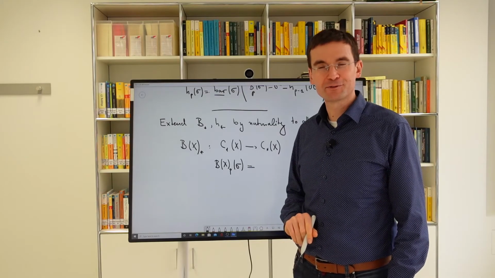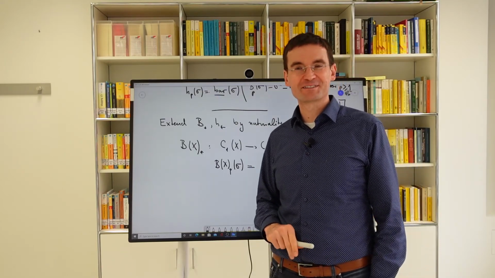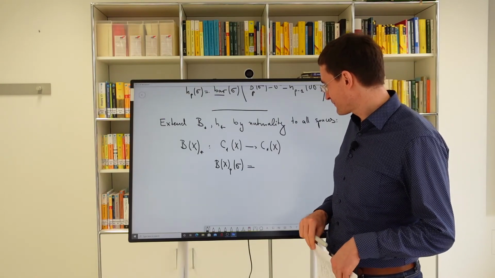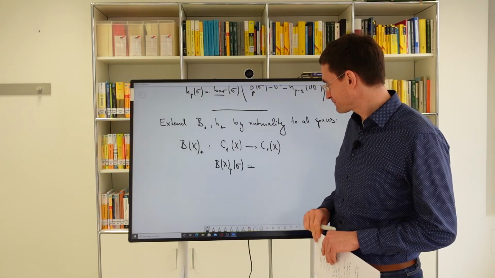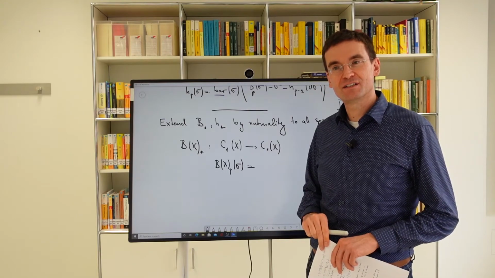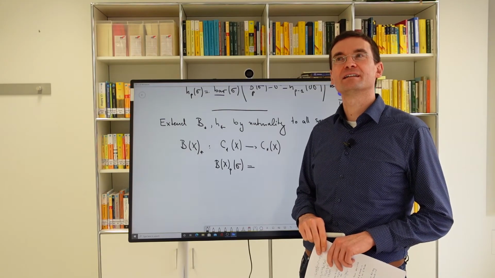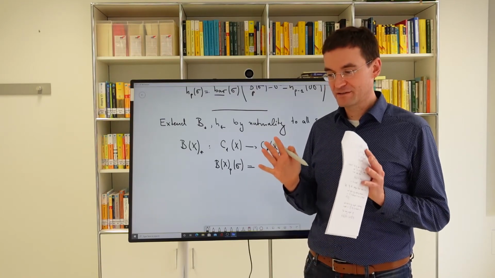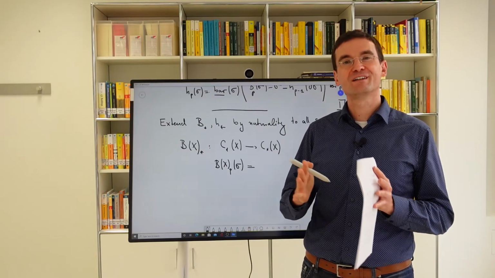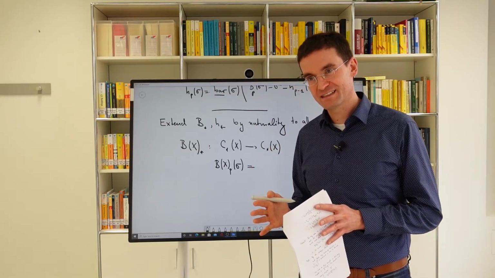Now I was confused for a second whether I wanted to say functor or natural transformation. I think I want to say a functor from the category of topological spaces to the category of chain complexes.